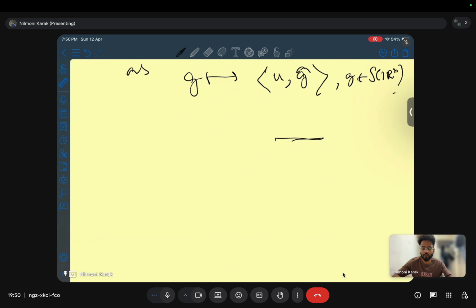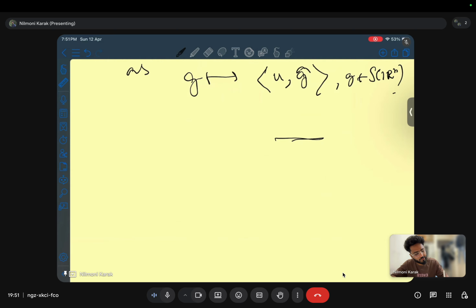Now we will see distributions with point support.